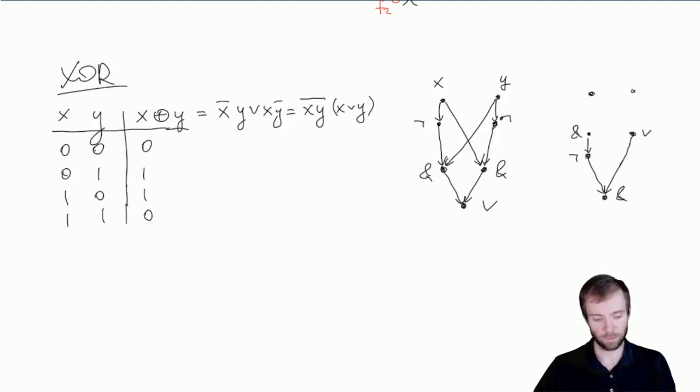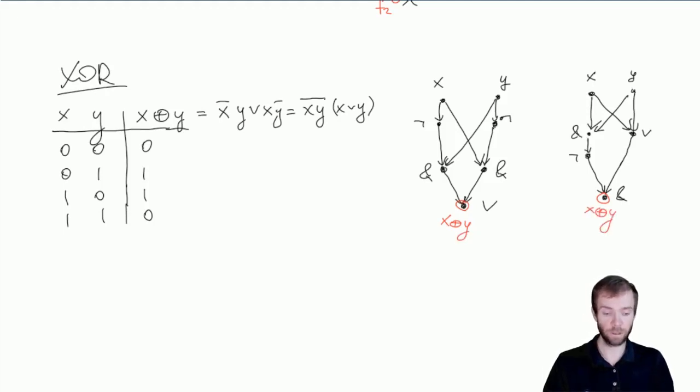So we have two inputs again, x, y, and we have to compute conjunction of x and y, then negate it. We'll have to compute disjunction of x and y, and then conjunction of these two guys. So in both circuits, the output is this last node, and here we have implemented this XOR function in the output.